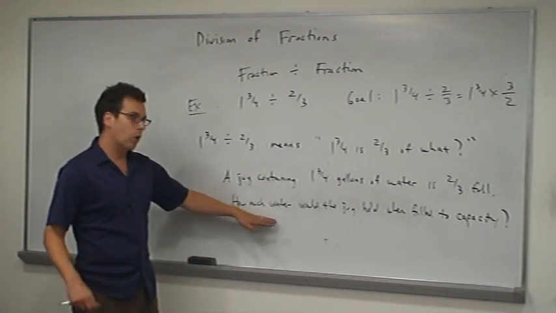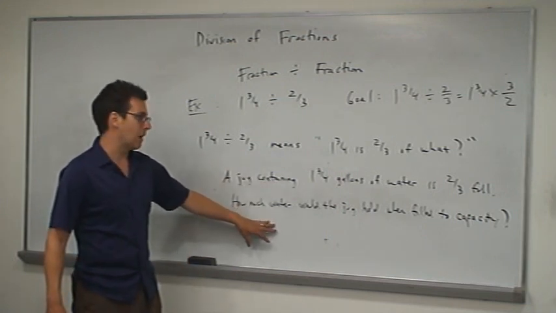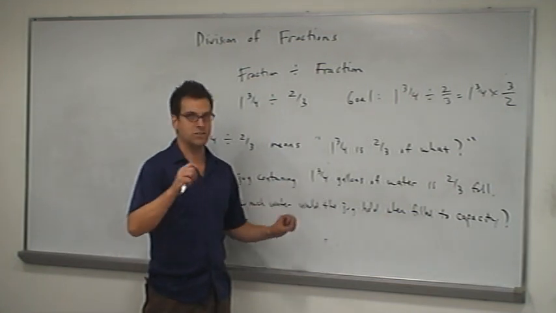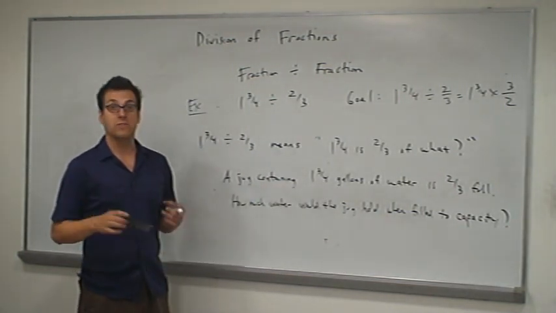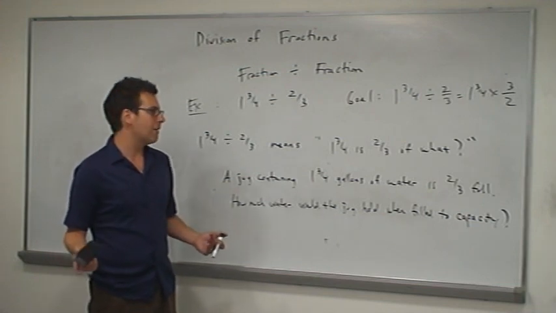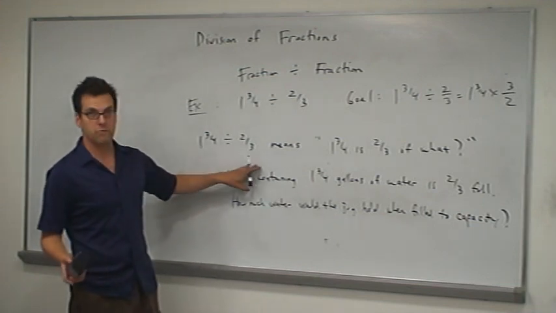Either way, once we see a problem like this, we can interpret this problem as 1 3/4 is 2/3 of what. So on the surface, we understand that the arithmetic necessary to solve this problem is in fact 1 3/4 divided by 2/3.